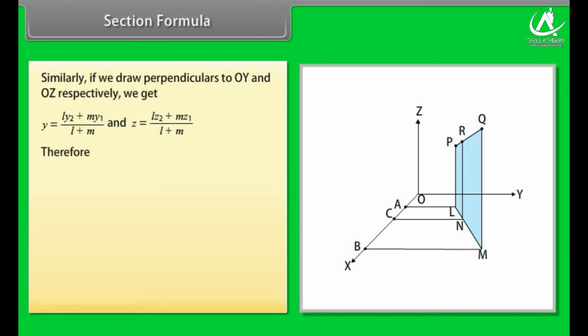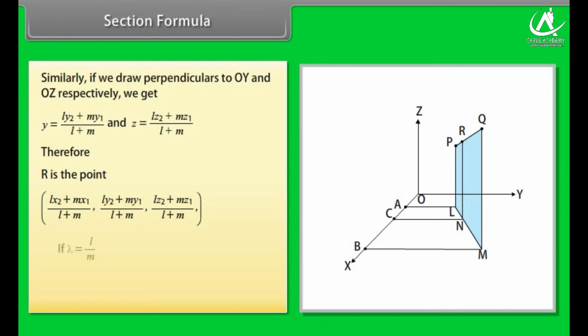Therefore, R is the point ((lx2 + mx1)/(l + m), (ly2 + my1)/(l + m), (lz2 + mz1)/(l + m)).